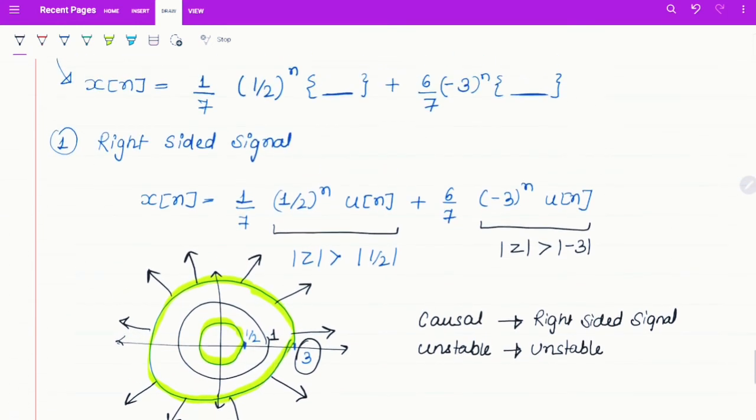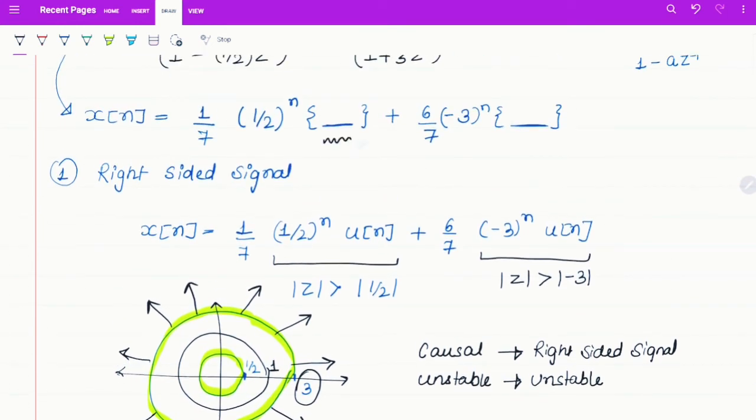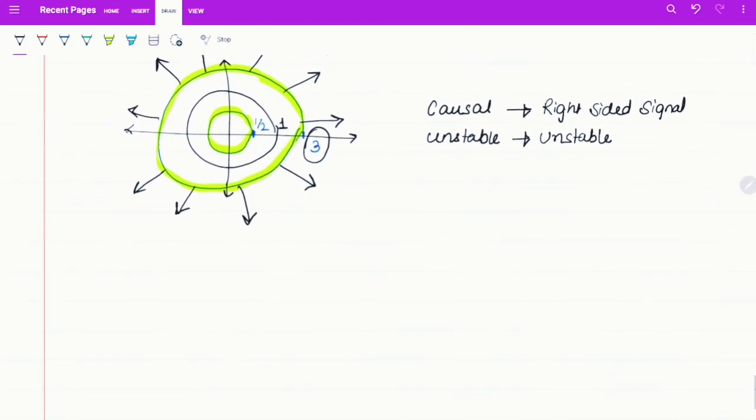Now, what if we use u of minus n minus 1, that is a left-sided signal? Let me take the next example, which is a left-sided signal.